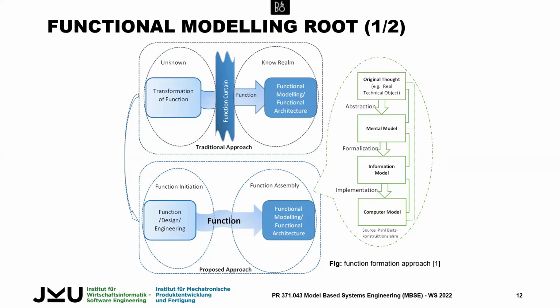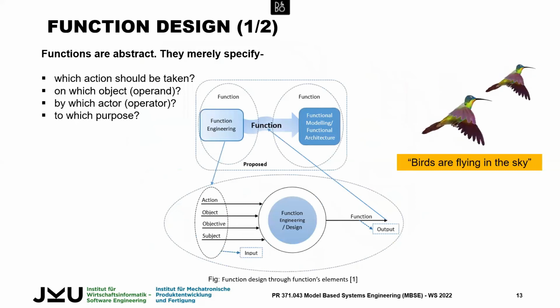So similarly, in the functional design approach, we understand and design the functions, what is needed, and then as output we get the function. Then we are doing this functional modeling or functional architecture. So this is the proposed approach, and we are going to do it this way.